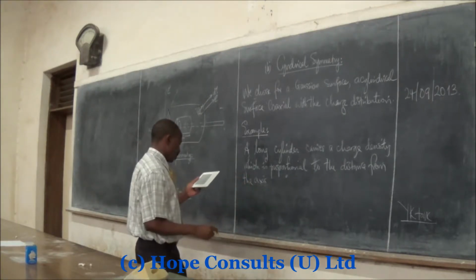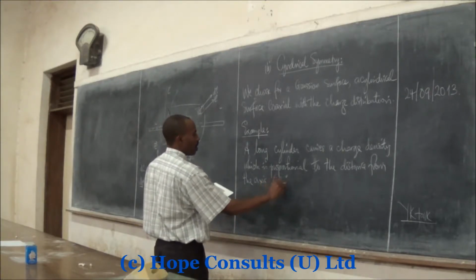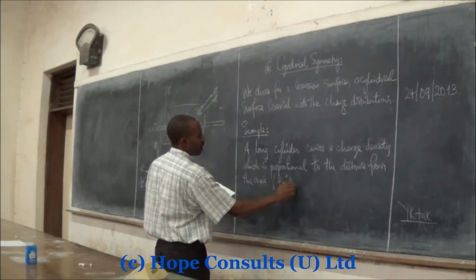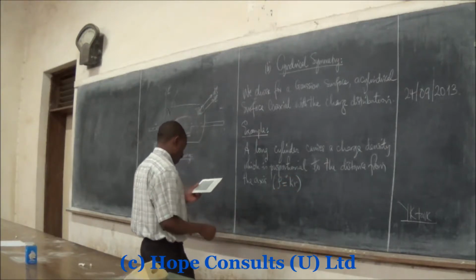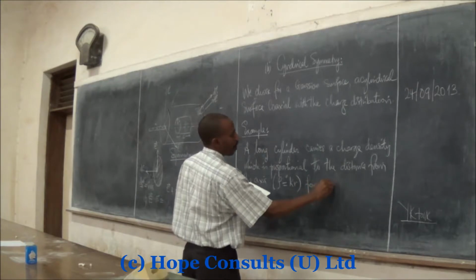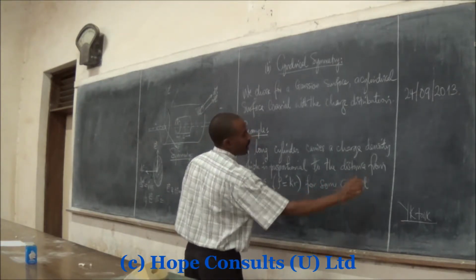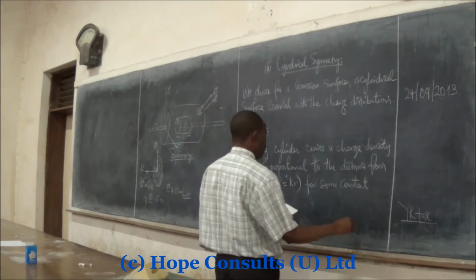And this variation is rho is equal to Kr, for some constant K.